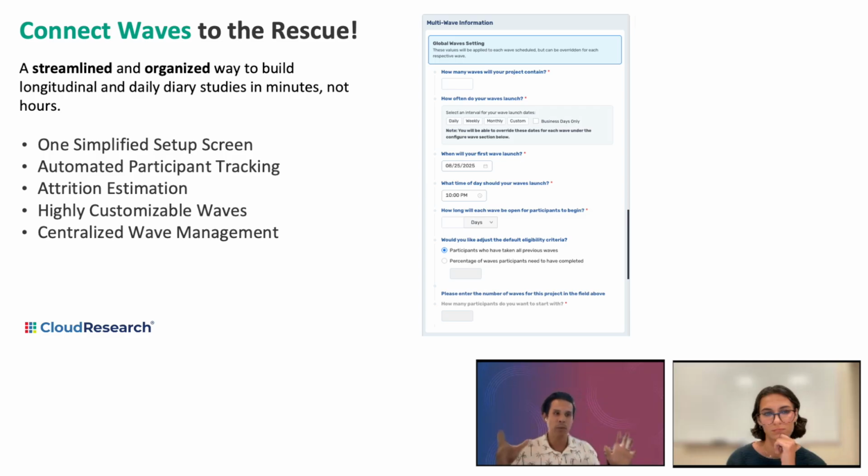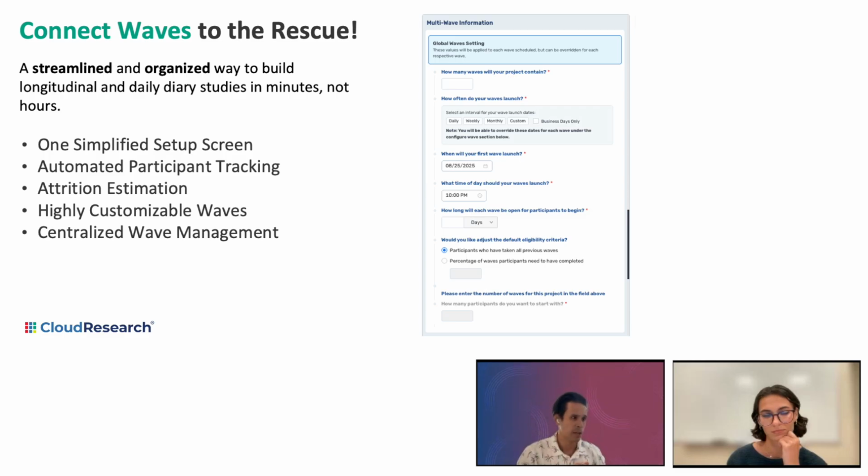With the feedback we received over time from beta users like Kimmy's team and other potential users, and also from our own internal testing with our internal research staff, we've built Connect Waves, a feature where you get one set of screens, simple and ready to go, with automated participant tracking, really around the notion of eligibility from wave to wave. You'll see that as I jump into the demo shortly.